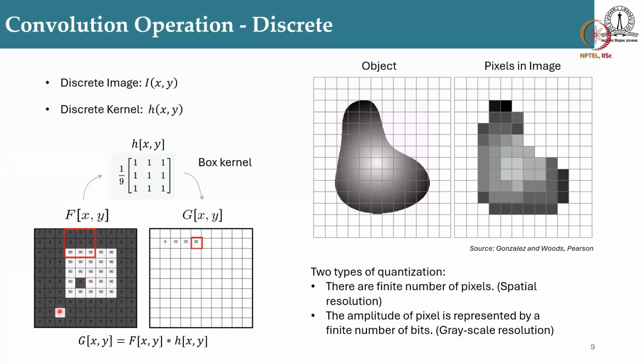And here is a representation of the same thing that we discussed earlier. You have this image, you have this moving window marked here, and you have these weights. Basically this is an averaging operator, right? You can clearly see that the weight for each cell is 1 by 9. So it is nothing but the sum of all the elements within the window divided by 9. So this is an averaging kind of filter.